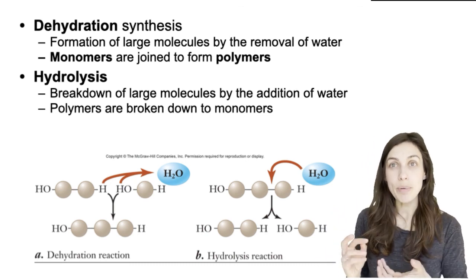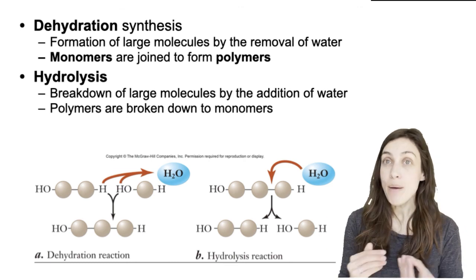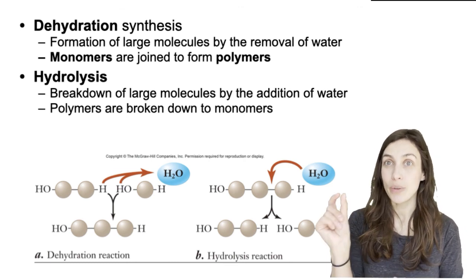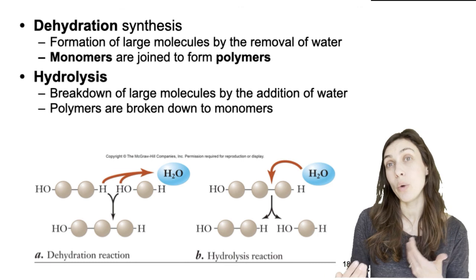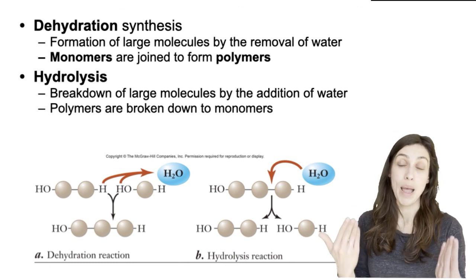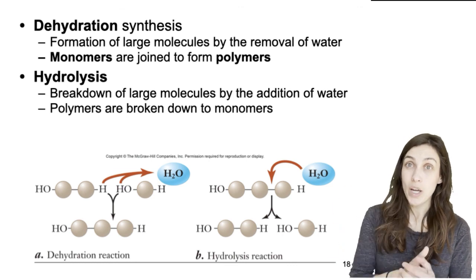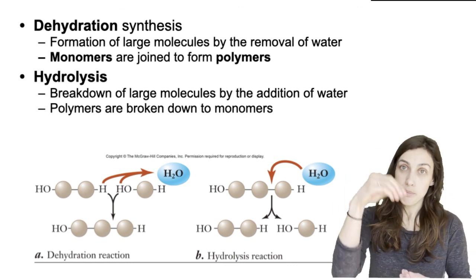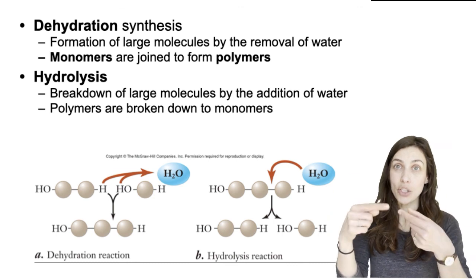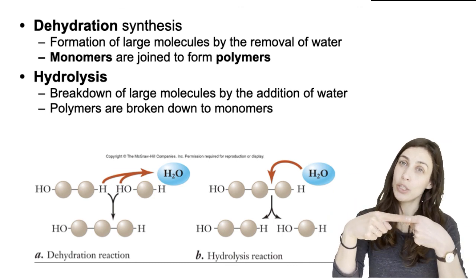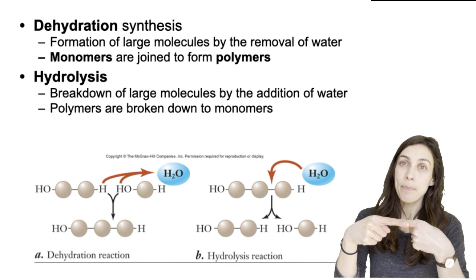If you want to do the opposite and break up the polymer into its individual pieces like we do when we digest food that's a polymer, you add water in. A molecule of water bumps into that covalent bond that was holding two monomers together.